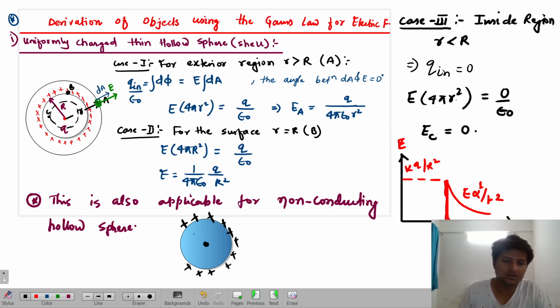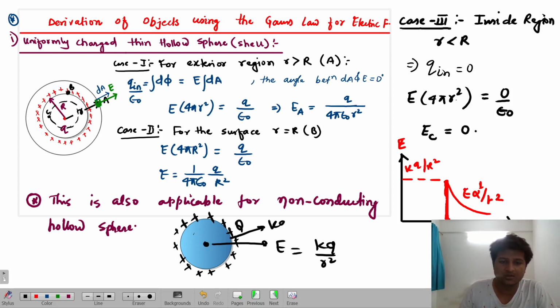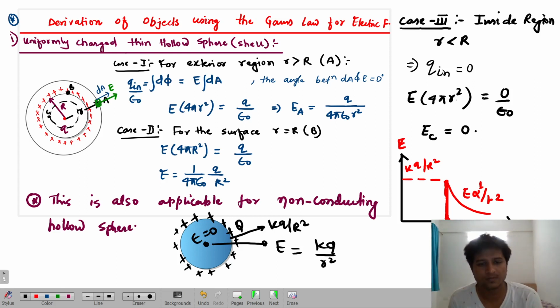If suppose the total charge is Q, then it is simply KQ by small r square outside. On the surface KQ by capital R square, but inside there is no charge, so the electric field will once again become zero. So is my conducting solid sphere behaving like a hollow sphere, isn't it?